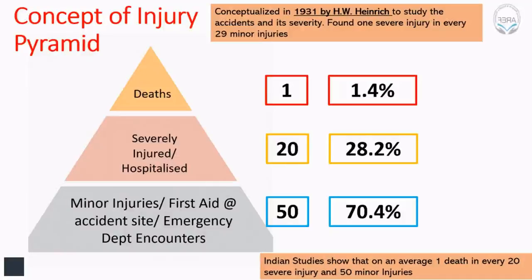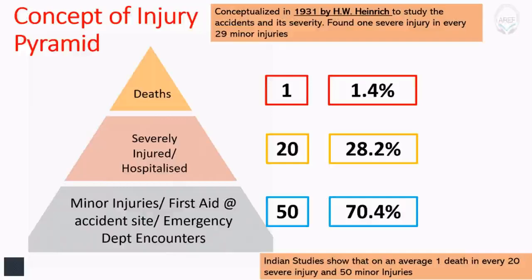So, as a thumb rule, if the bottom of the pyramid is high in number, that is good, because those injuries do not require hospitalization and are not severe. And the smallest number at the top of the pyramid is also good, because most of the accidents resulting in injuries are not fatal.